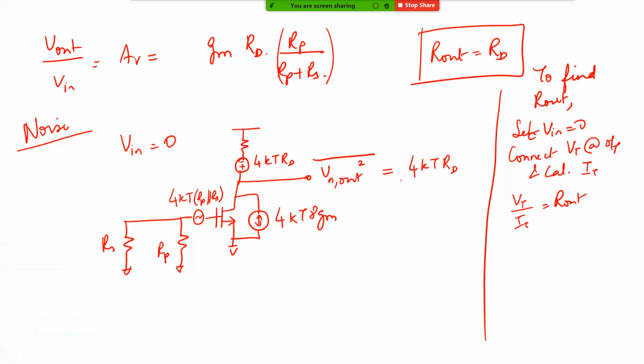Now let's look at the device noise. The device noise is a current, 4kT gamma gm, but we want the voltage. The voltage is the output current power multiplied by Rout squared. So you get 4kT gamma gm Rd squared. Remember we saw in earlier classes that for noise power spectral densities, we multiply the quantities with the square of the transfer function.